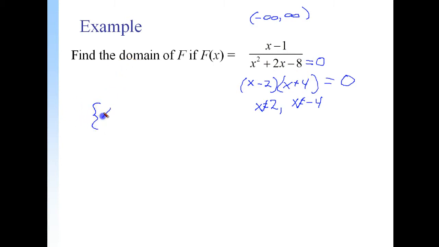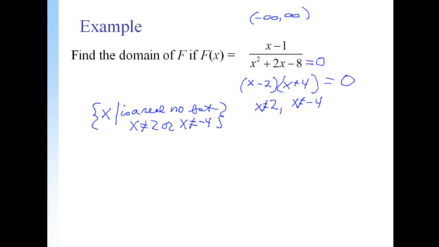You would say that x is a real number, but x cannot be a 2, or x cannot be a negative 4. We exclude these values because that would make the denominator a 0.